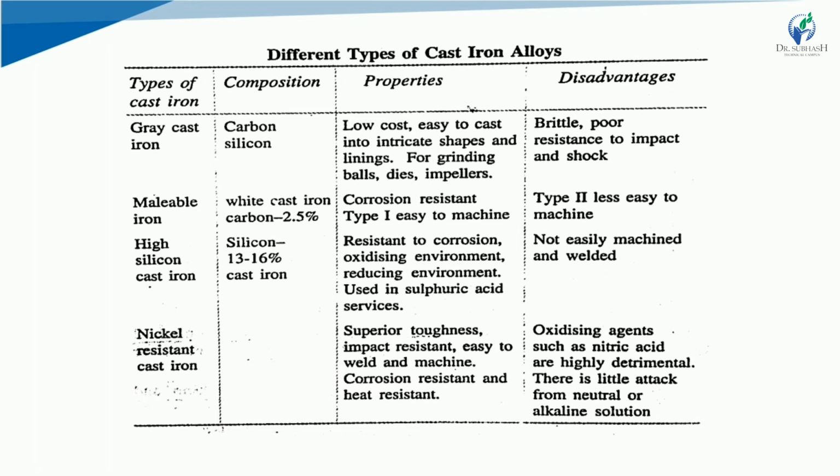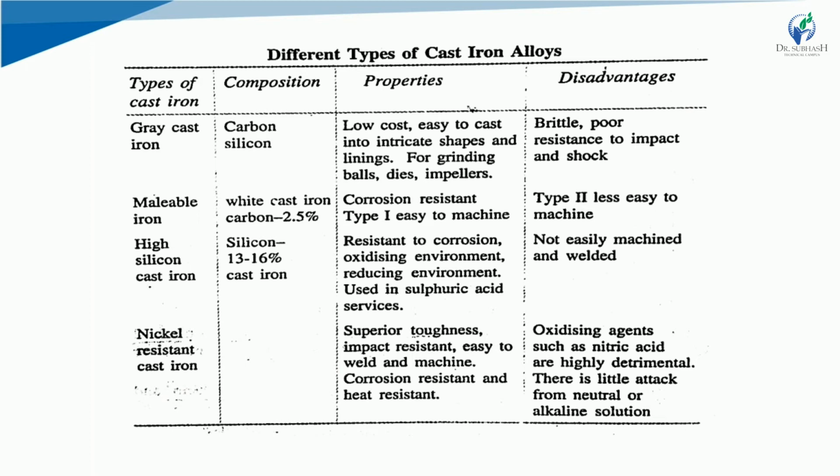Malleable iron, white cast iron, carbon 2.5%. Properties: corrosion resistance, type 1 easy to machine. Disadvantages: type 2 less easy to machine. So malleable white iron consists of carbon at 2.5%.